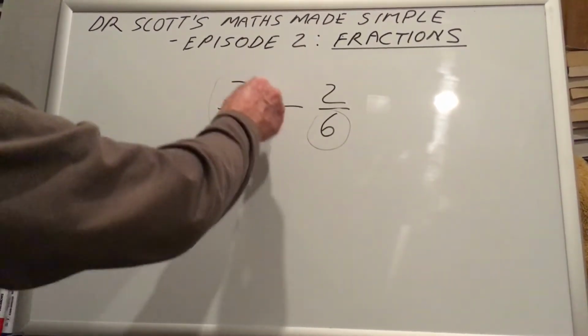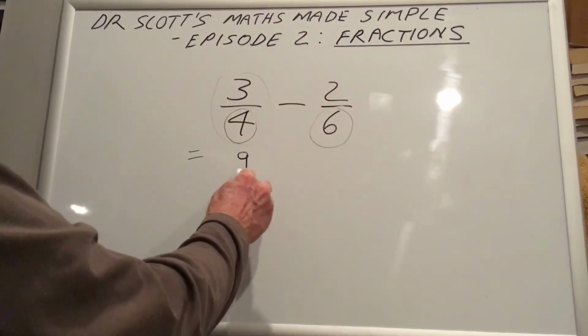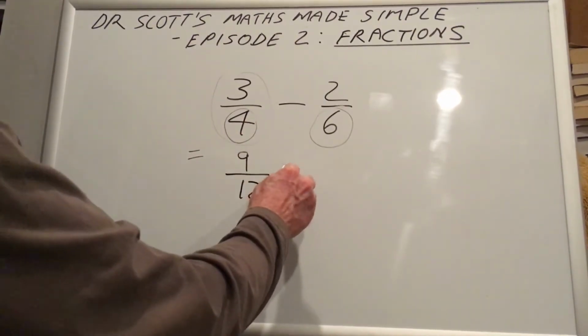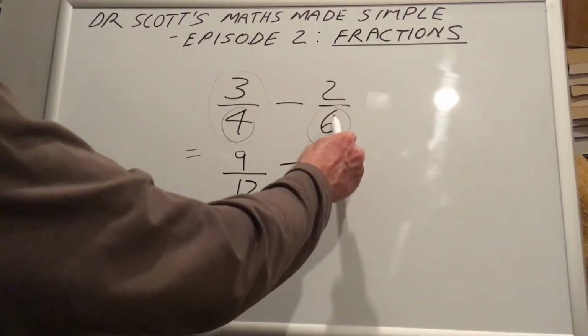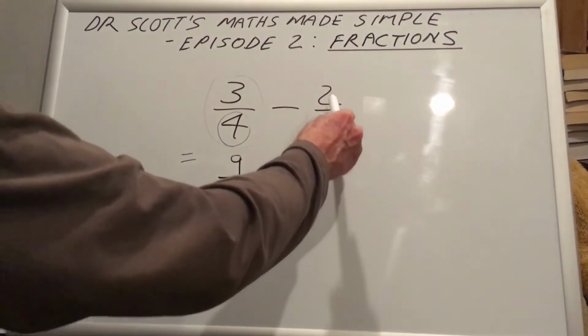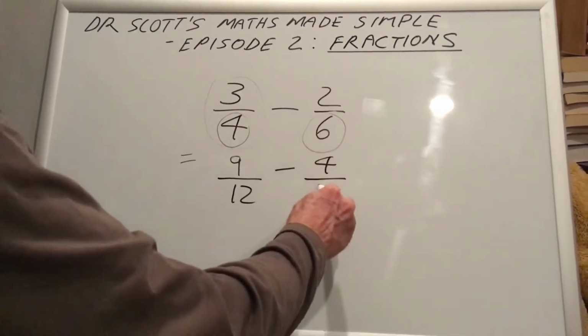Multiply all of this by 3. 3 times 3 is 9. 3 times 4 is 12. Minus, multiply everything by 2 because we want everything on 12. 2 times 2 is 4. 2 times 6 is 12.